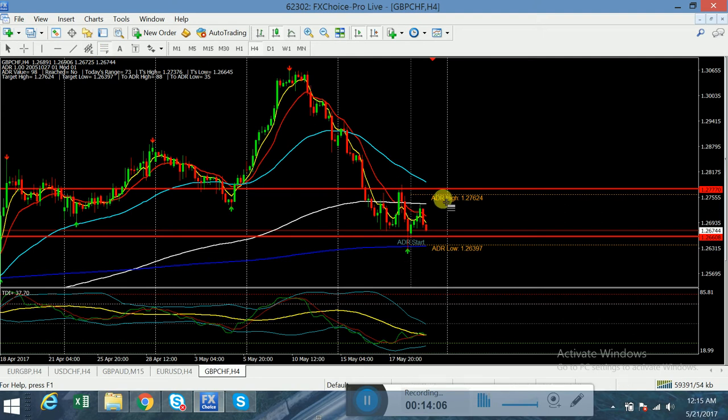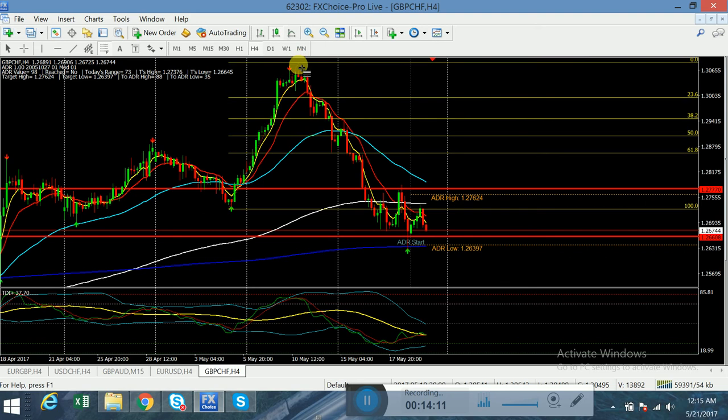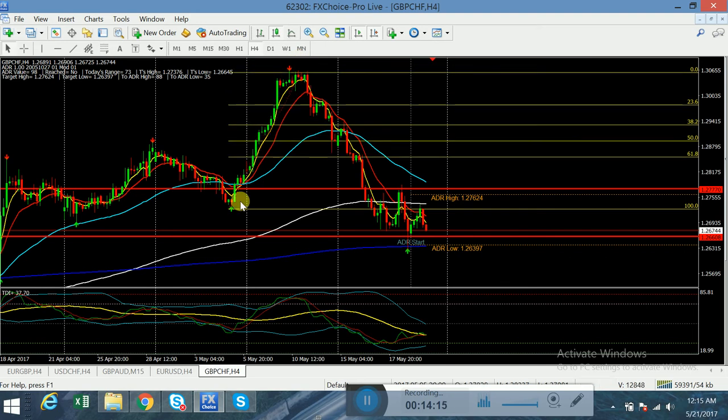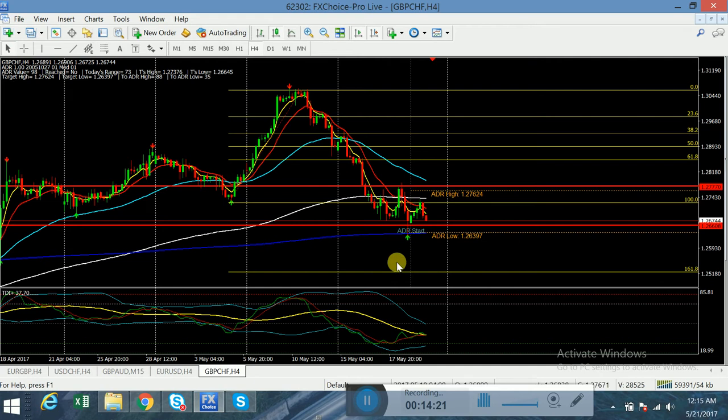So, again, most recent swing high to swing low. Now we're due to hit our 161 retracement since we've already breached the 100 here.